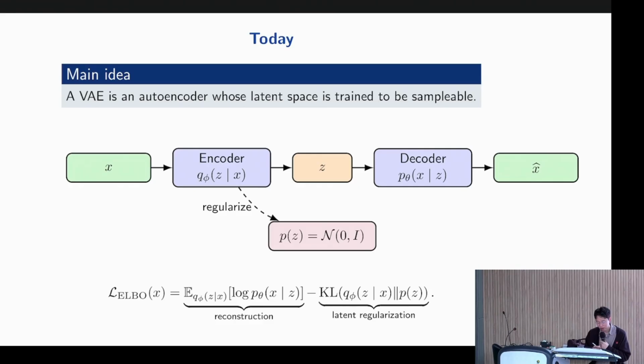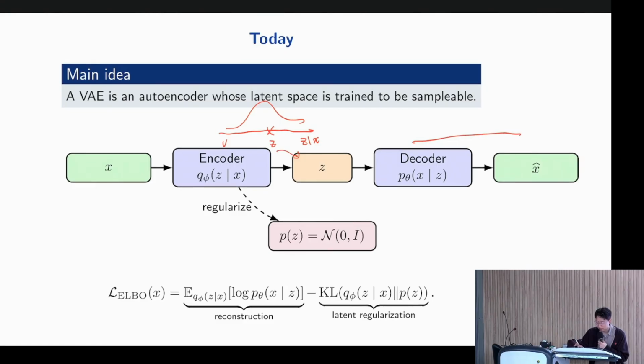So today we're going to discuss VAEs. So how do we put a probabilistic spin on autoencoders? Given some data X, we pass it through our variational posterior encoder. And this defines a distribution on Z conditioned on X. And then we're going to sample Z here, pass it to the decoder.